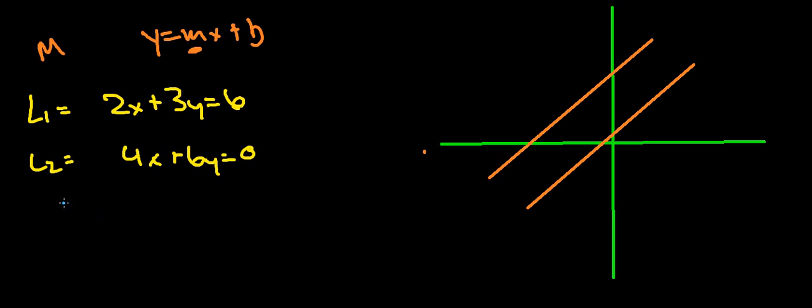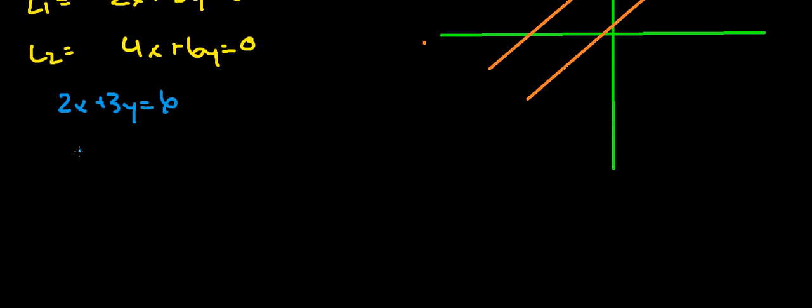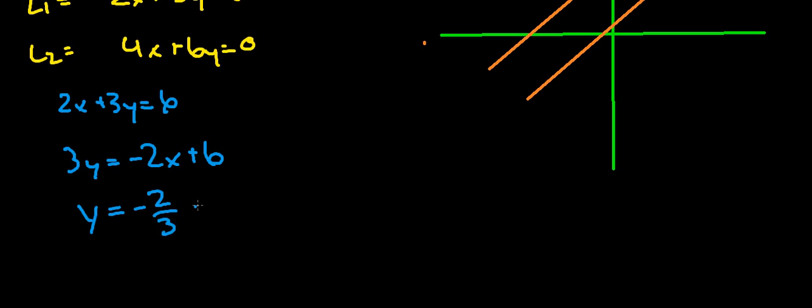So I'll do the first line. It's 2x plus 3y is equal to 6. Subtract 2x, 3y is equal to negative 2x plus 6. Divide by 3, y is equal to minus 2/3 x plus 2. And for our second line, we have 4x plus 6y is equal to 0.